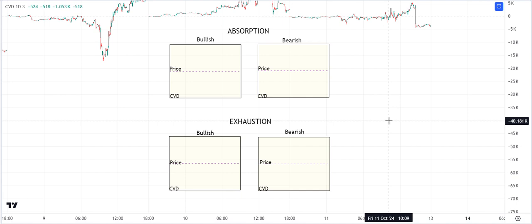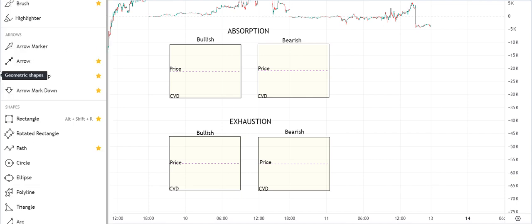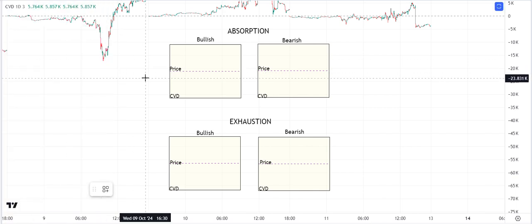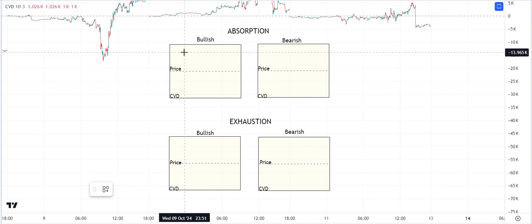Okay, and how we look at that is simple. We look at swing highs and swing lows. Let me just get this drawing tool out. Where's my brush? There you go. Swing highs and swing lows. So in absorption, that means the sellers are being absorbed, so the buyers are more in control.